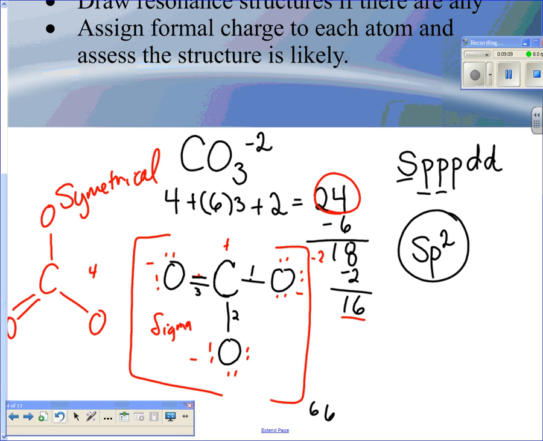And because of that, this plus, minus, minus, minus is in a plane. It's symmetrical. That makes it nonpolar. You have to have pretty much a lone pair that's going to push it down, going to make it asymmetrical to make it a polar molecule. So this is a nonpolar molecule for that question. So this particular molecule is nonpolar.